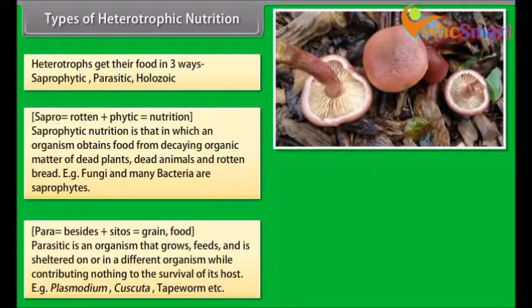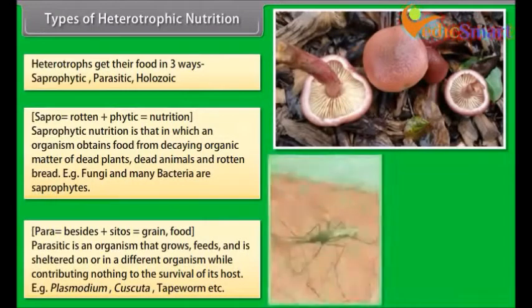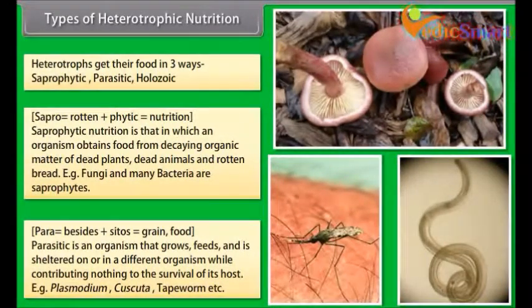Para means besides, and cytos means grain or food. A parasite is an organism that grows, feeds, and is sheltered on or in a different organism while contributing nothing to the survival of its host.